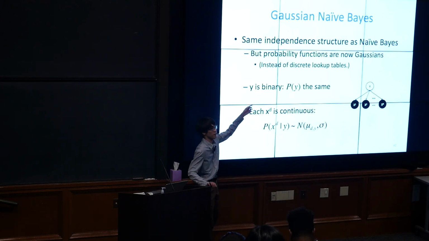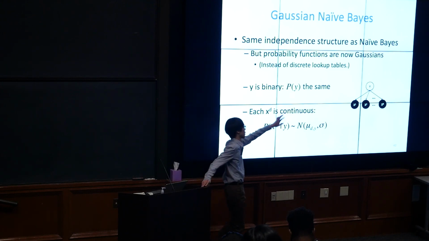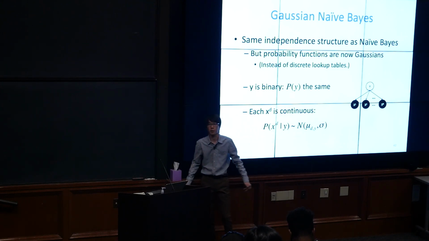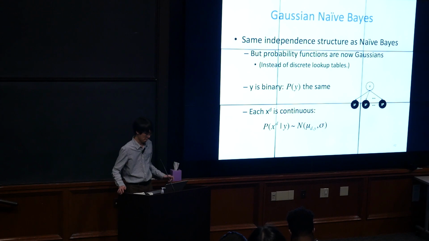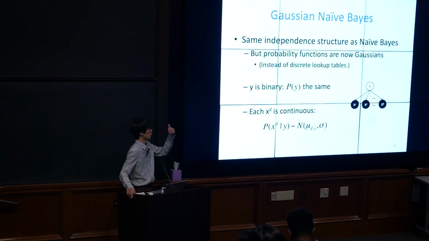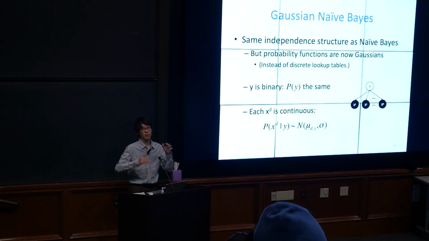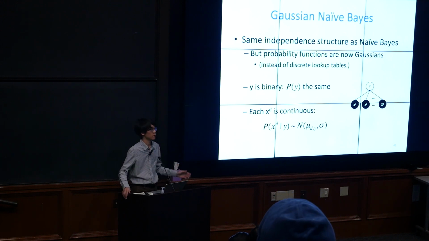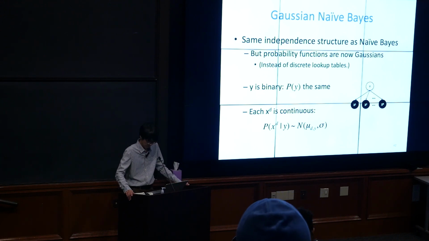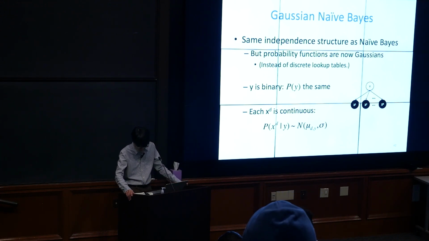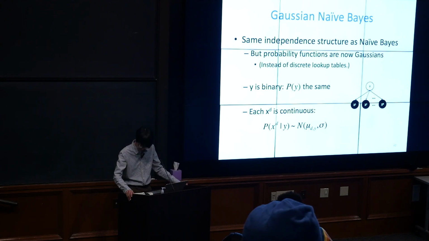And if y itself is also continuous, y could also be a mean and a standard deviation. And then when you do sampling, it would just be Gaussian sampling and things like that. So that's one way of dealing with continuous values. So instead of a Bernoulli probability, you get a Gaussian distribution.